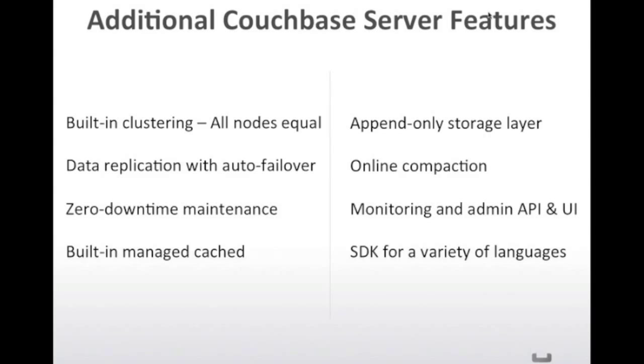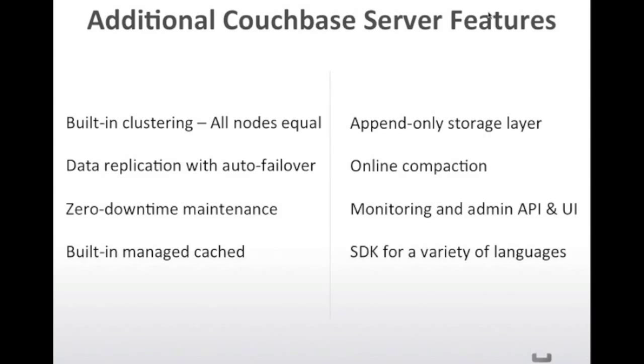We also have a built-in managed cache. The founding part of Couchbase also included Membase, which is an excellent built-in Memcached-based product. So Couchbase really has the cache built into it. Unlike some other databases where you would have to have a separate solution for caching, here we actually have the cache built into the product, so that's a big advantage.